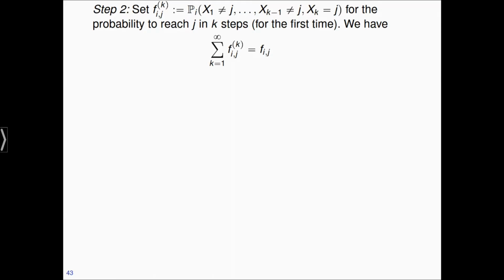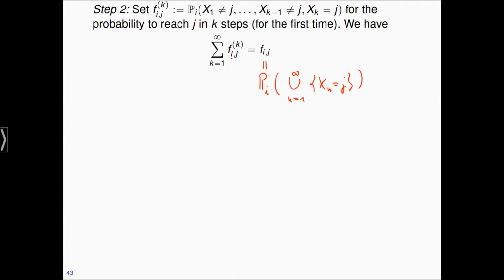As a next step, we look at the following observation. I'm claiming that the sum of the F_ij^k is F_ij. What was F_ij? This was the probability that you start in i and that you ever reach j, so that there is an n from 1 to infinity such that X_n equals j. So why is this the same as this sum? If you reach j, then you have to reach j at some time for the first time.